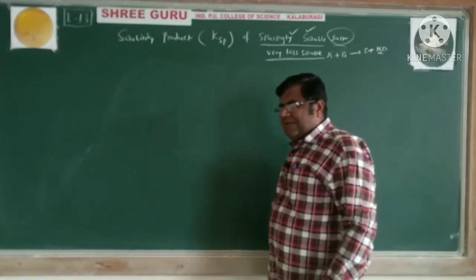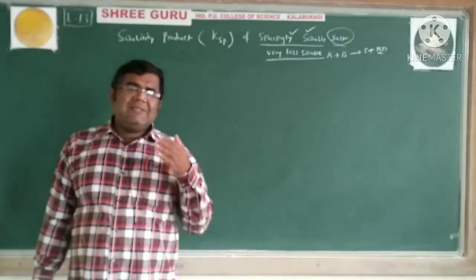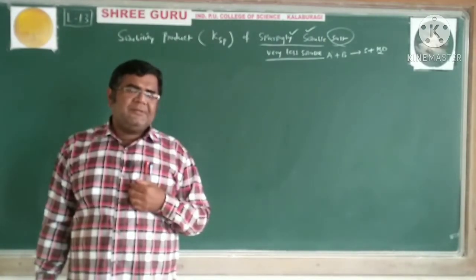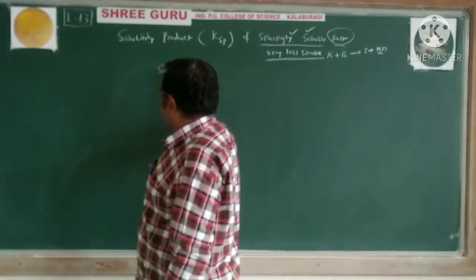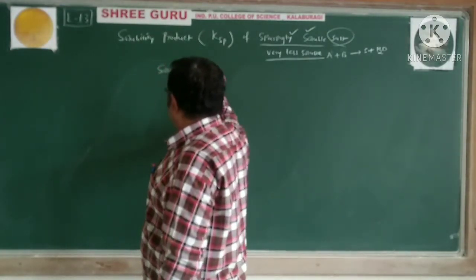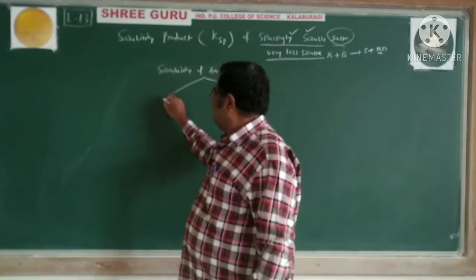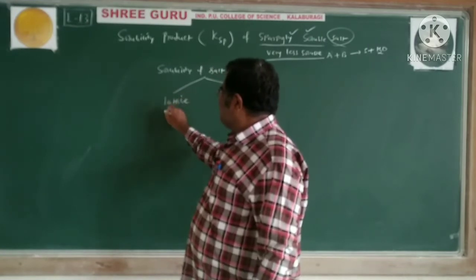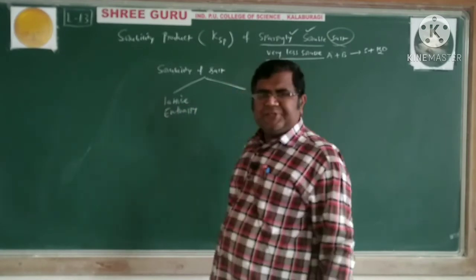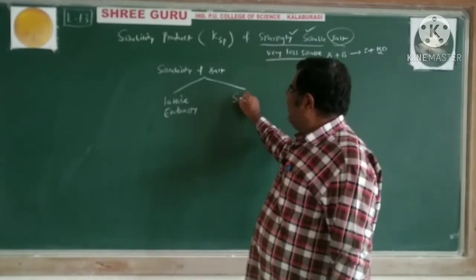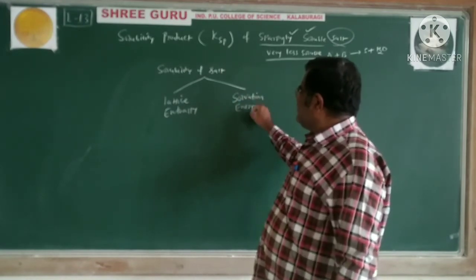So all the salts do not have the same solubility. Now why don't they have the same solubility? Because solubility depends on two factors. Solubility of a salt depends on two factors. One is called lattice enthalpy. Enthalpy is nothing but energy. And another is called solvation energy or solvation enthalpy.